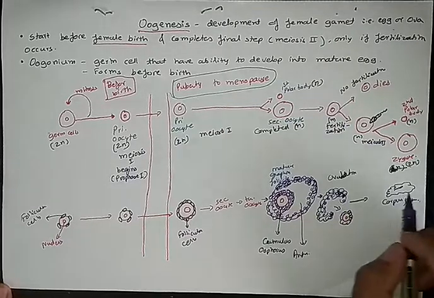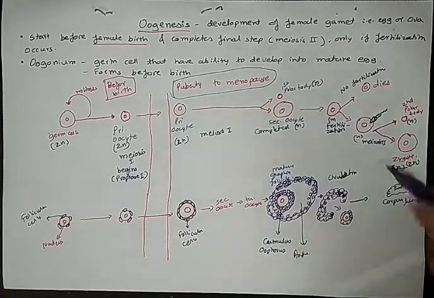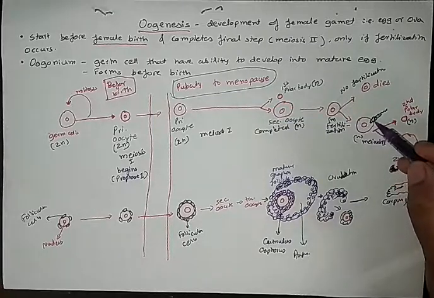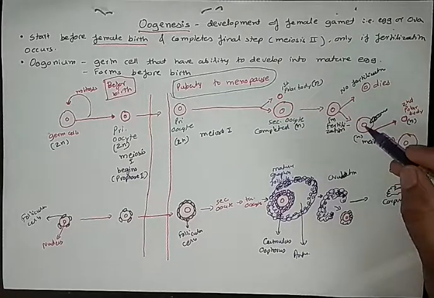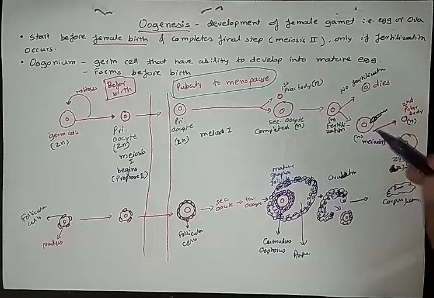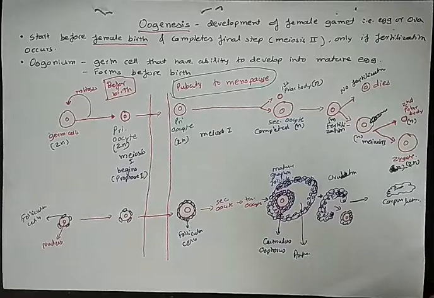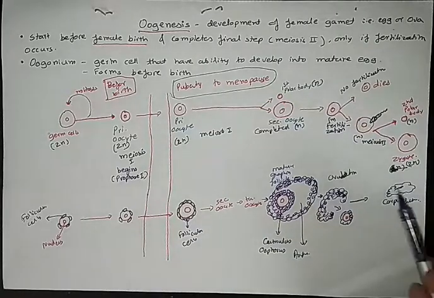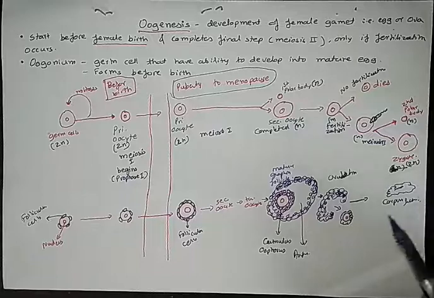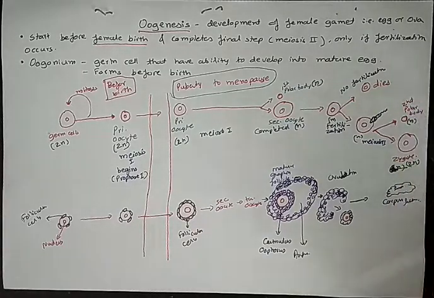Now if there is a fertilization, that is, a sperm fusing with the secondary oocyte, then only the corpus luteum survives, and it survives for 9 months, till parturition. If there is no fertilization, in that case the corpus luteum converts into the corpus albicans.